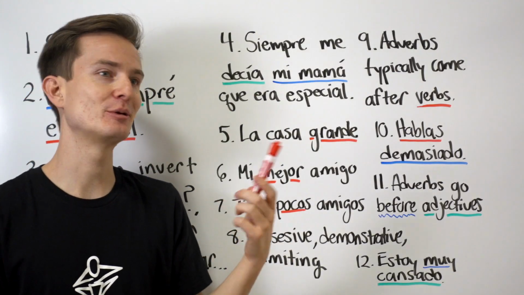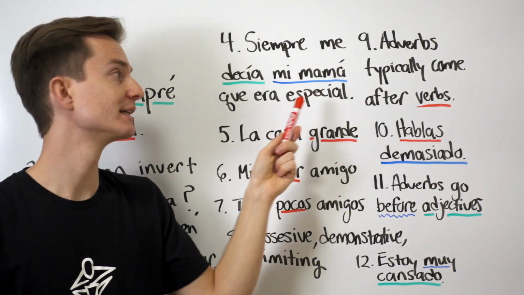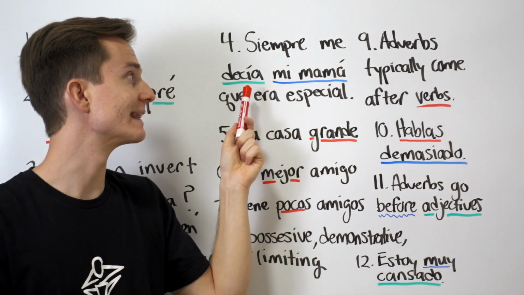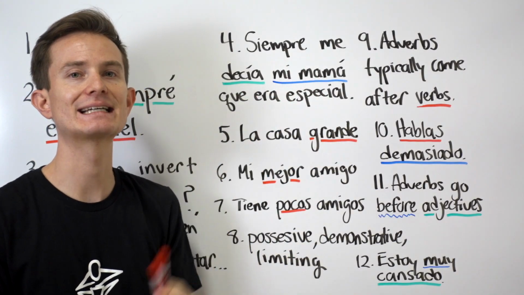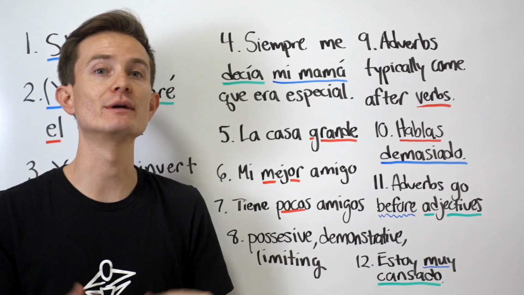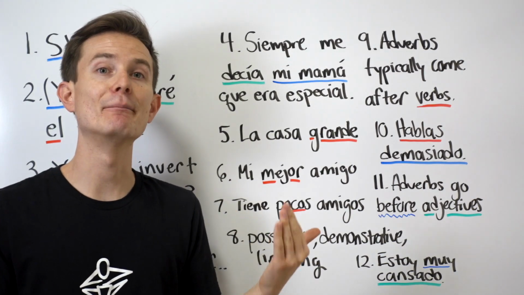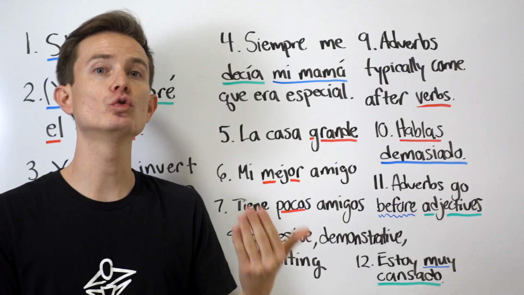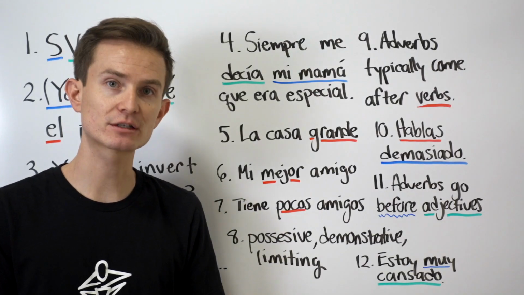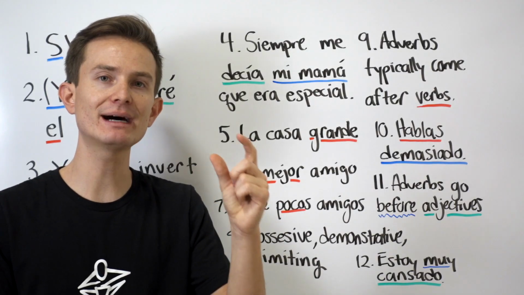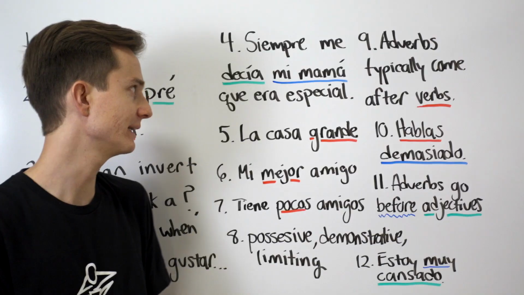Okay, so now you can see that we've switched the subject and the verb. Siempre me decía mi mamá que era especial. And it's very common that we do this when using verbs like gustar. For example, a mi hermano le gustan los perros. So now, a mi hermano is going at the beginning, okay?